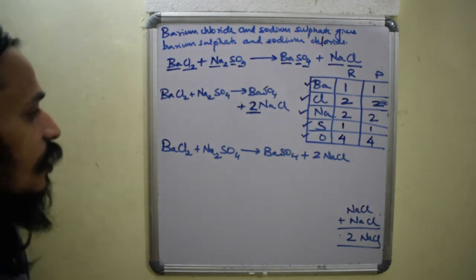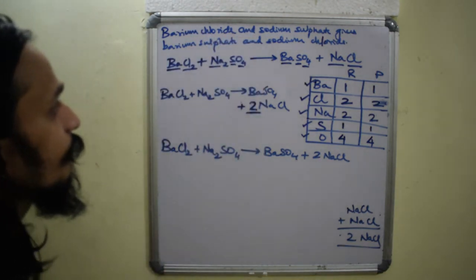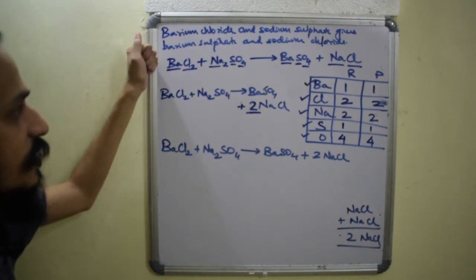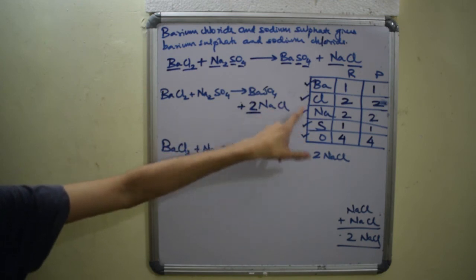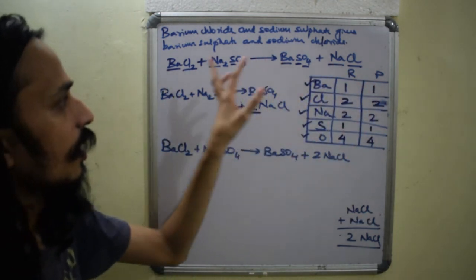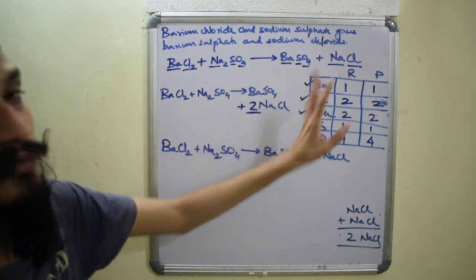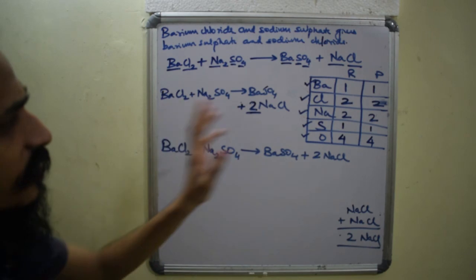Great. So this is all about balancing equations. Just to run over the whole process again: write the base equation, the skeleton equation, figure out what elements are there, make a list, then measure the elements on both sides. Make sure you're checking the numbers properly for which side is for these subscripts.